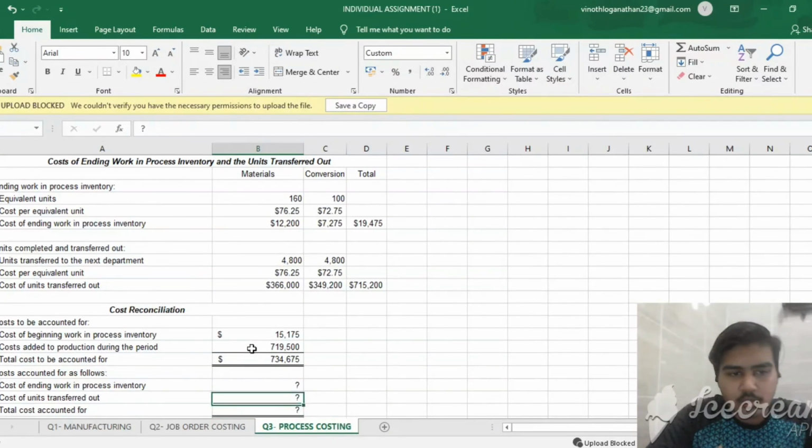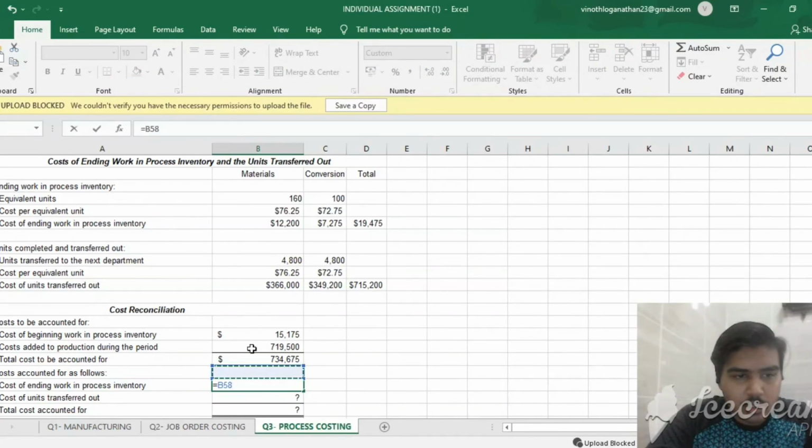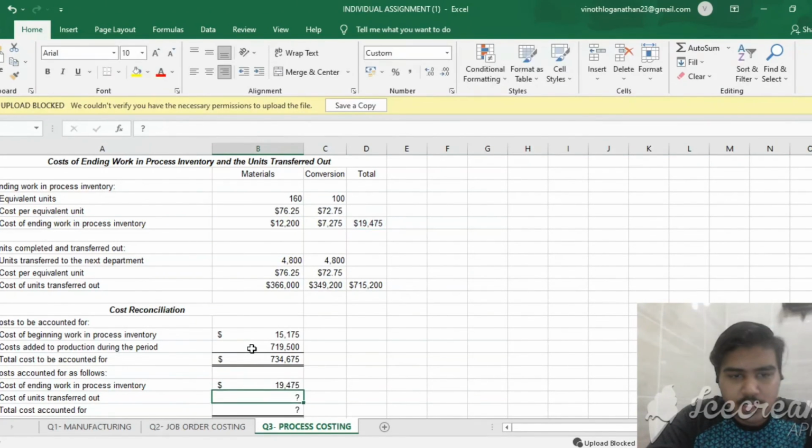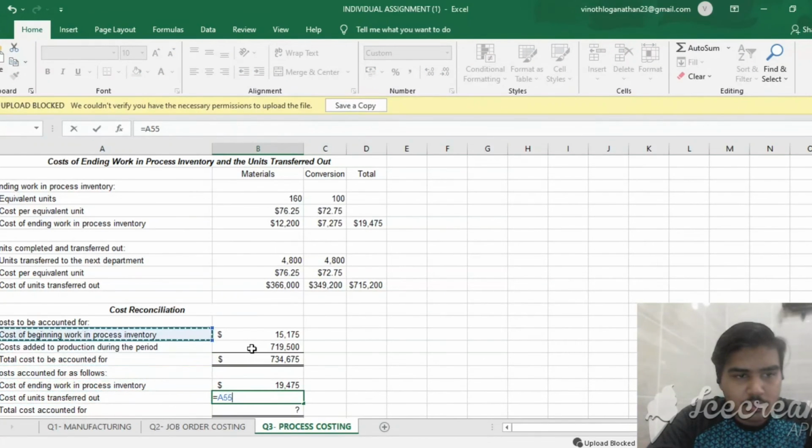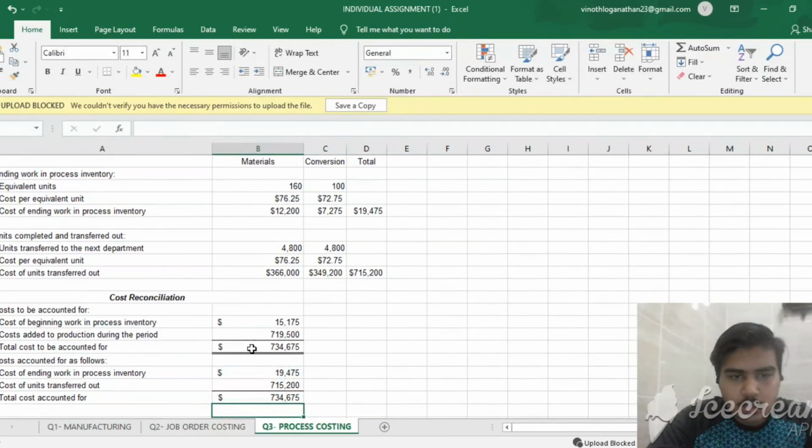So total cost accounted for should be the same as this. So here we have the cost of the ending work in process inventory, which is 19,000, and this is the cost of units transferred out, the total. So this should be the same as this. So B61 is the same as B57.